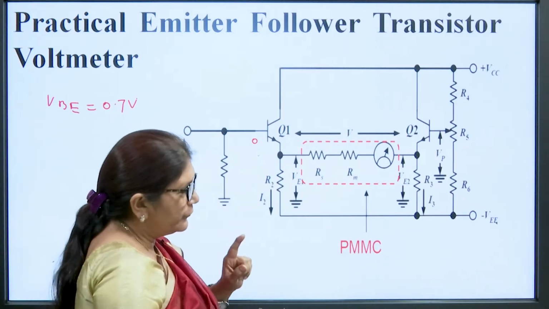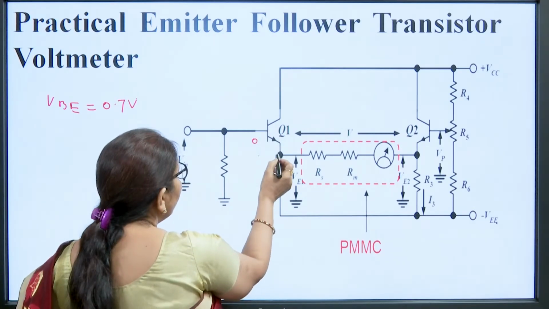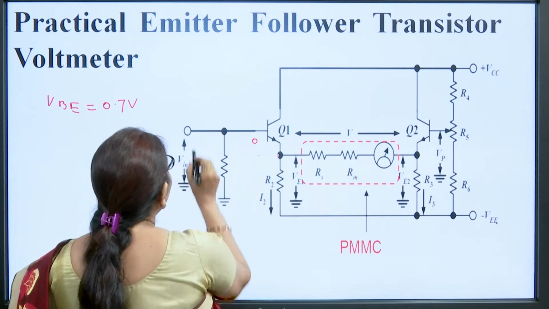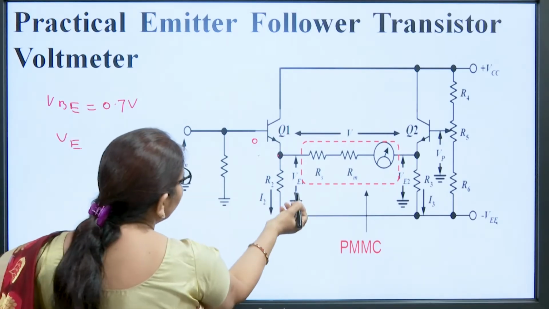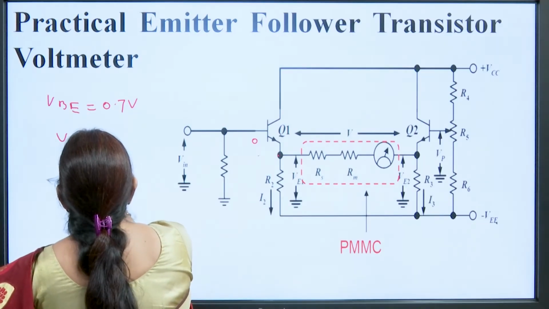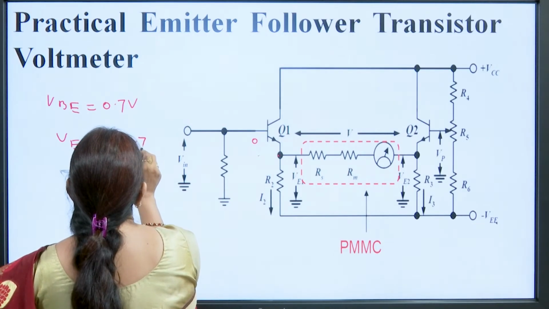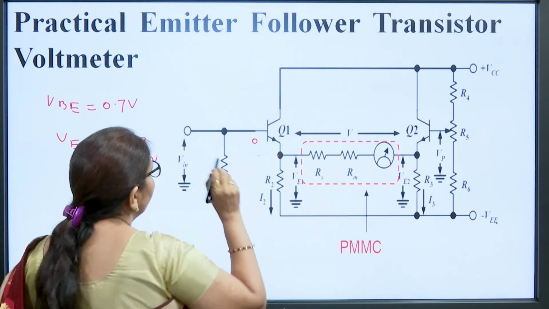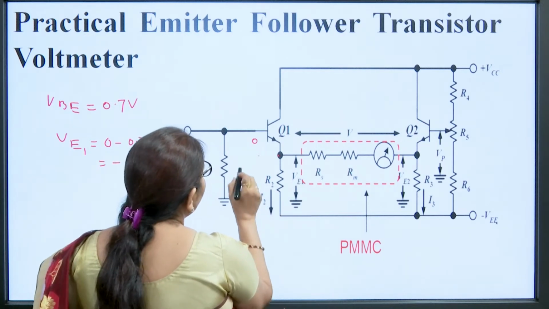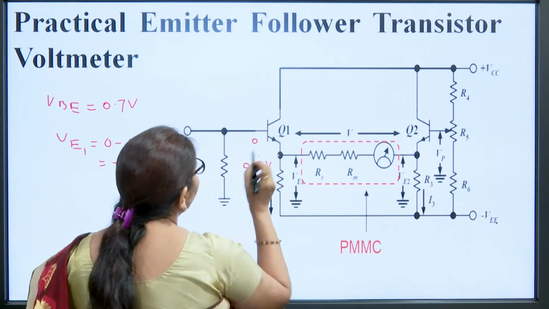Base is at 0 volt, so the emitter voltage VE1 is equal to 0 minus 0.7, that is minus 0.7 volt. So, here the VBE1 is 0.7 volt.